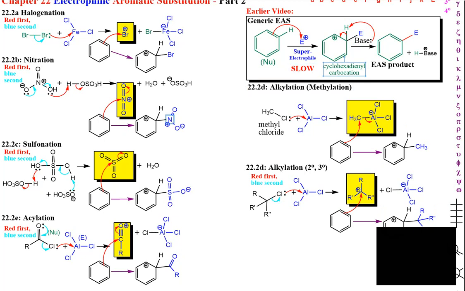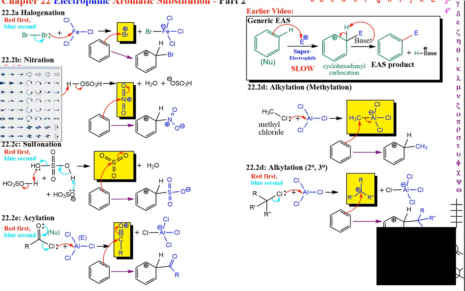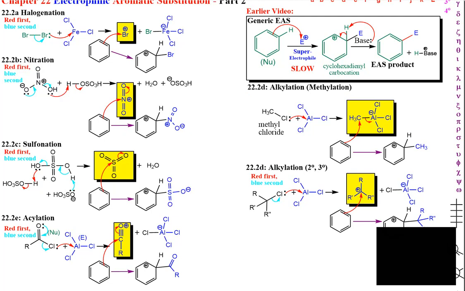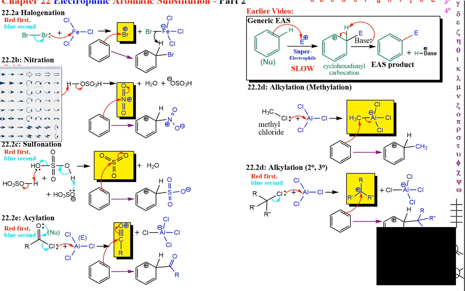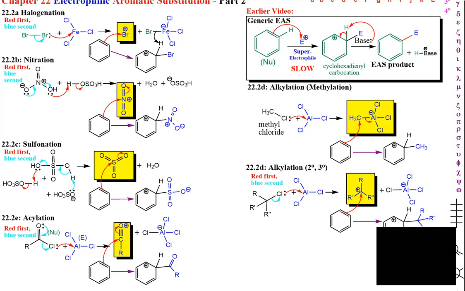So let's start with the first one. Br is going to leave and protonate itself. At the same time, we break a sigma and make a pi. These all look like E1, I hope you see by the end of the day here.